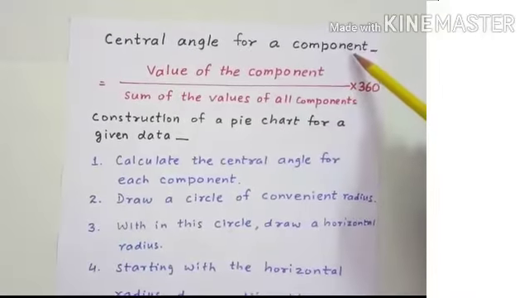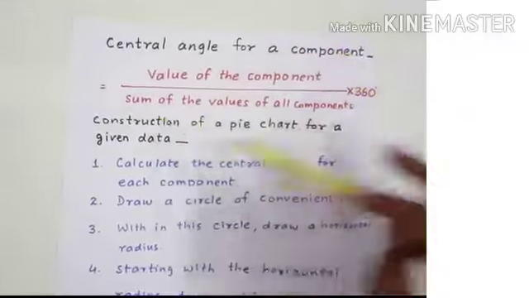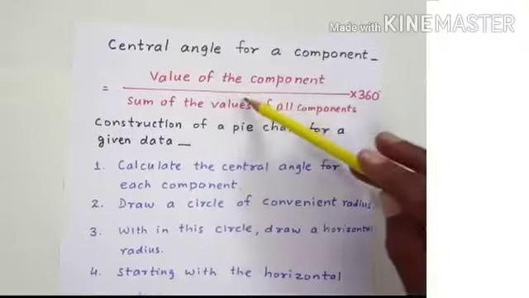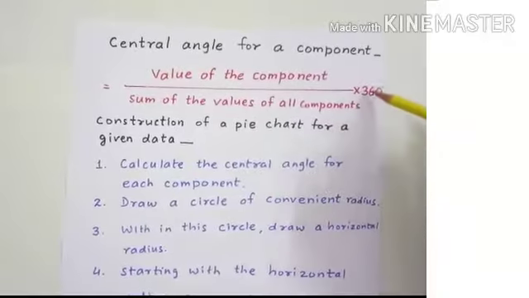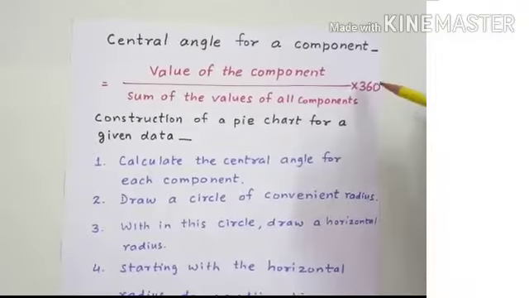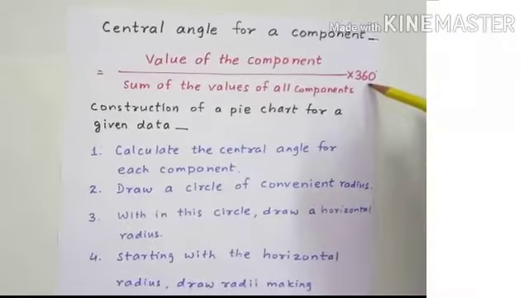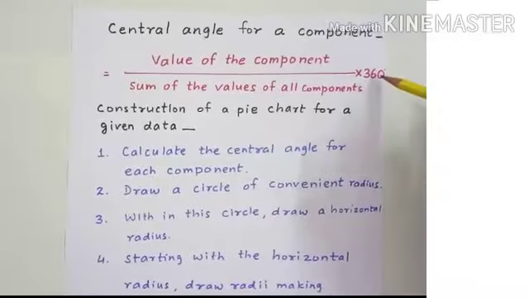For finding the central angle, we use this formula: the value of the component upon the sum of the values of all components, into 360 degrees. We multiply it by 360 because we have to convert all given data into degrees.